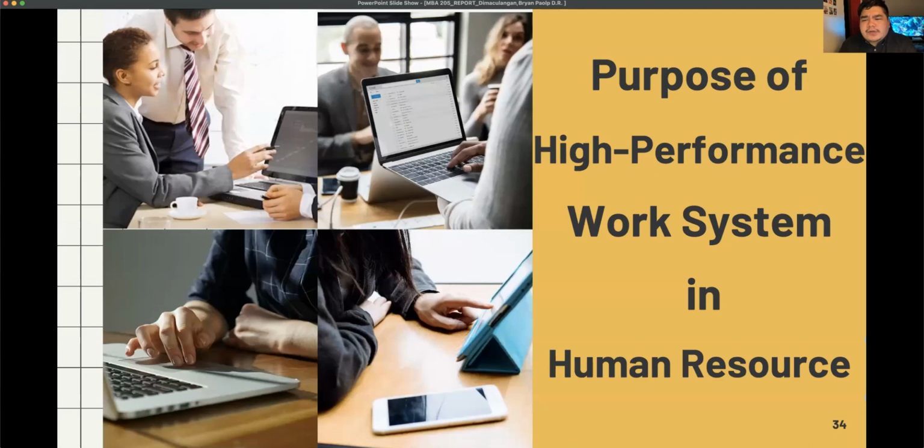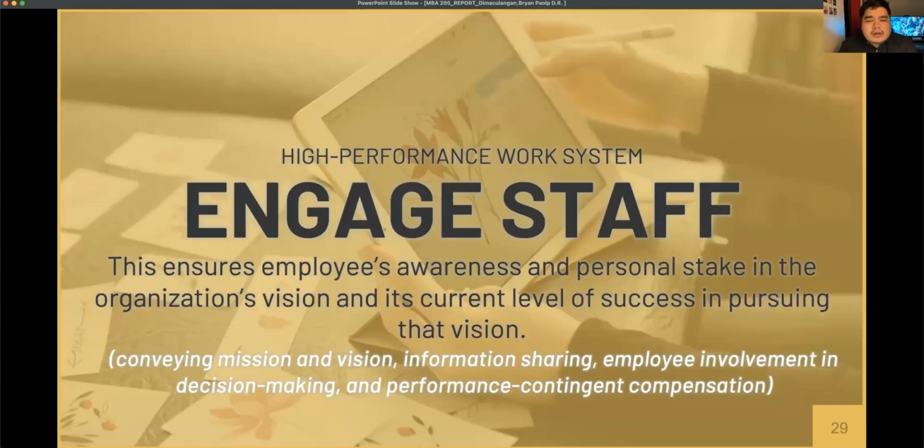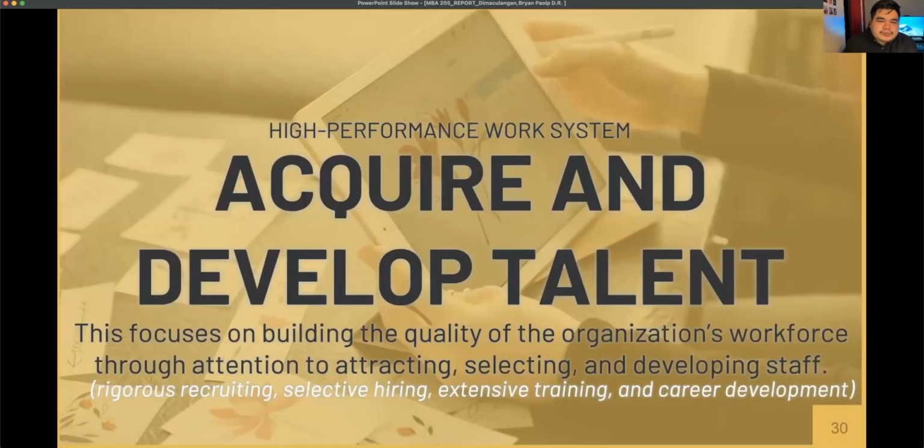Now, what are the purposes of high performance work system in human resource? Of course, there is engagement within your staff. This ensures employees' awareness and personal stake in the organization's vision and its current level of success in pursuing that vision. So, example practices are conveying mission and vision, information sharing, employee involvement in decision making, and performance contingent compensation.